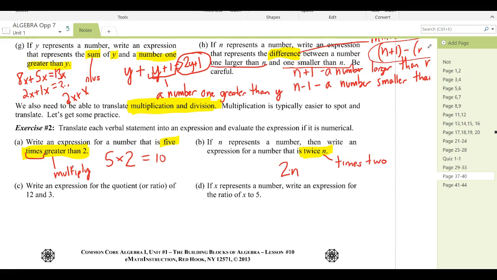Jensei said twice his age. He did 17 plus 17. That's one way to do it. But you also could have done 17 times 2. Twice means times 2.